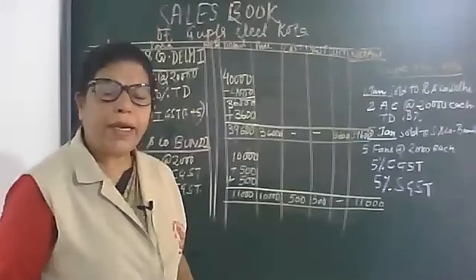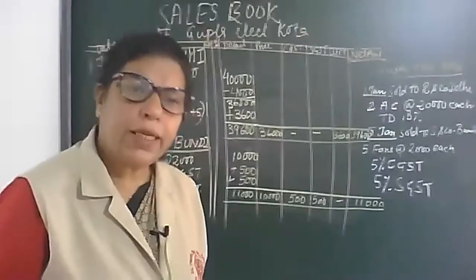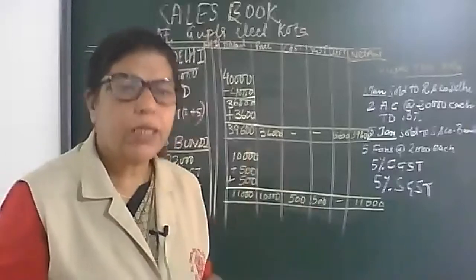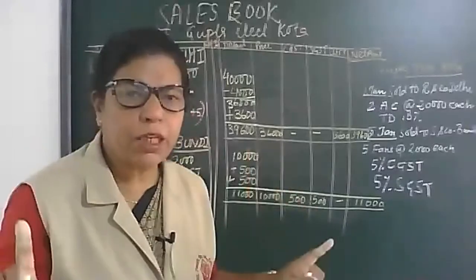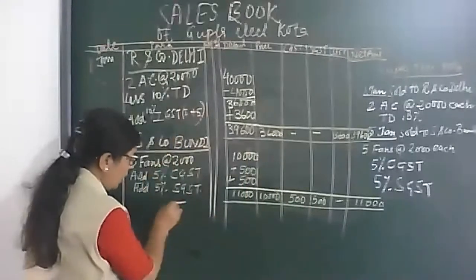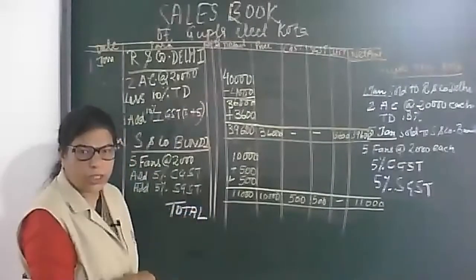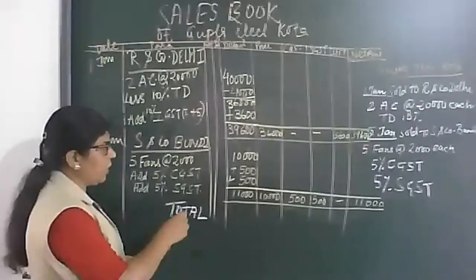Then at the end of the day, week, or month, it depends on the nature, size, and number of transactions, the businessman will do the total. Now how will they do the total?